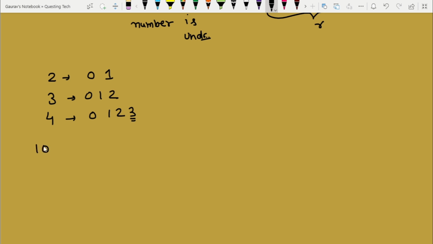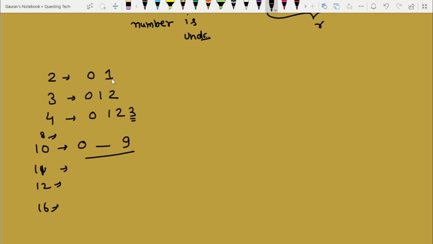And in base 10, the digits 0 to 9 are there. And so on, the base will increase: base 11, base 12, base 16, base 8 are also there, and they have different names. And people are fighting over which base is greater or more important than the other.